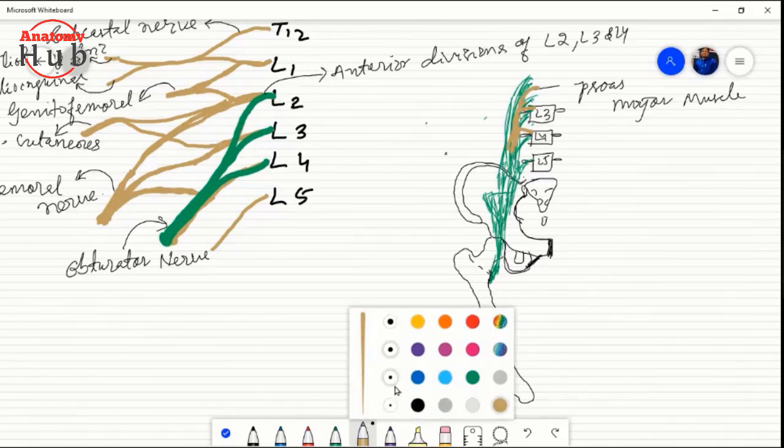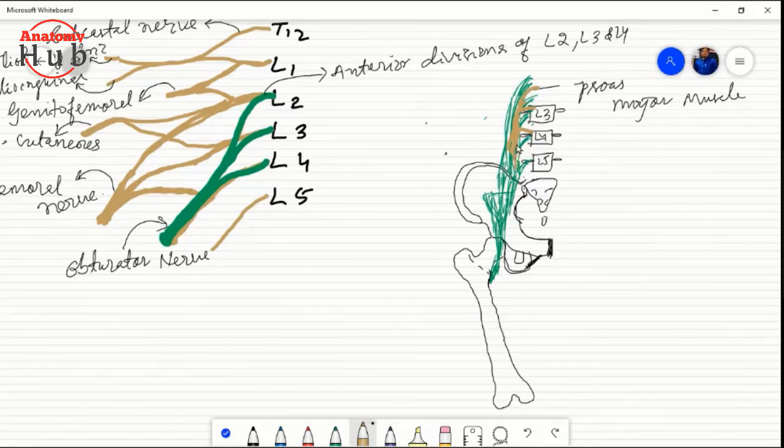So this is the obturator nerve, and it has a close relation with the psoas major muscle, right? Now this obturator nerve descends through the fibers of the psoas major muscle and emerges at the medial border of the psoas major muscle. Are you getting it? This is the lateral border of the psoas major muscle, and this is your medial border, right?